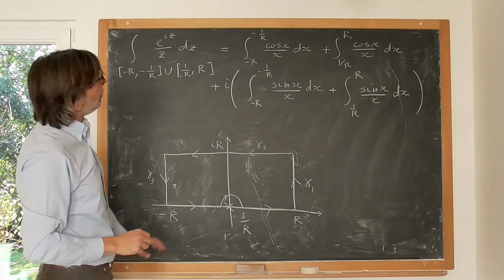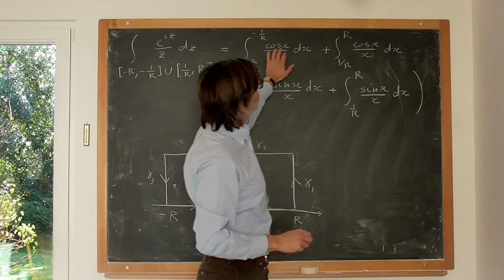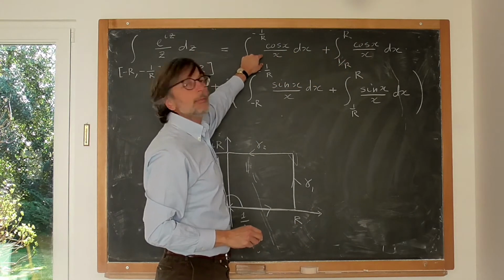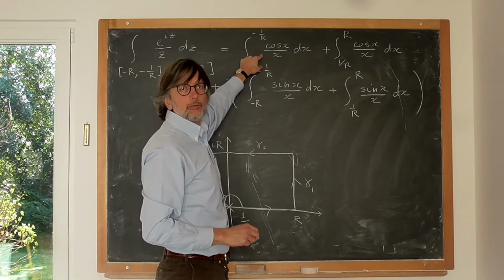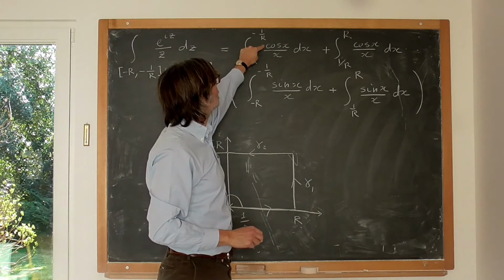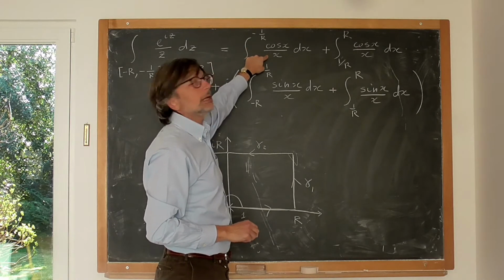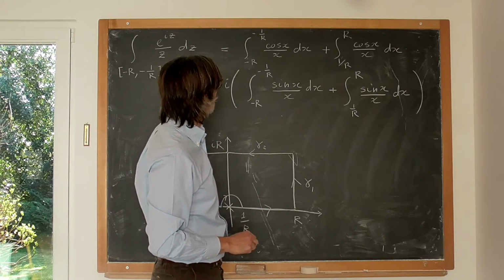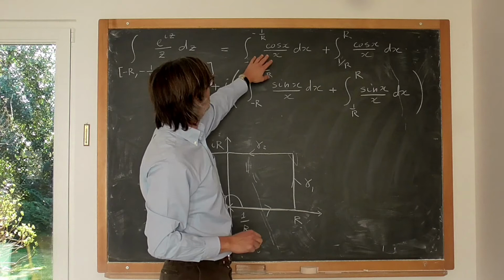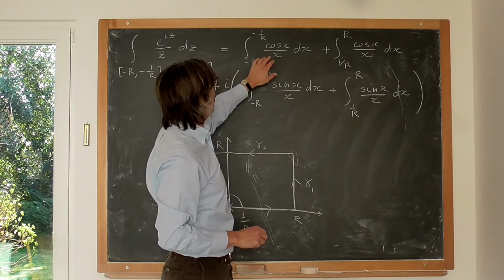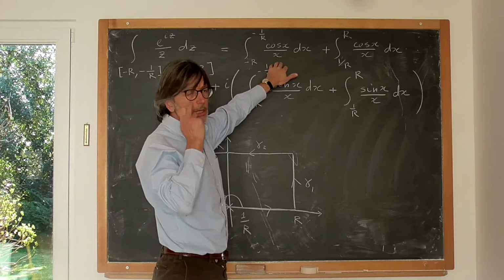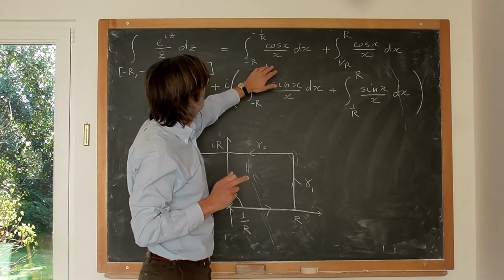Okay, now these two integrals. Cosine x divided by x is an odd function, because cosine is an even function and x is an odd function, so the quotient is an odd function. And here we are integrating this odd function on an interval, and here on minus the same interval.